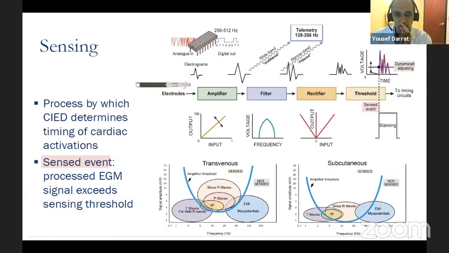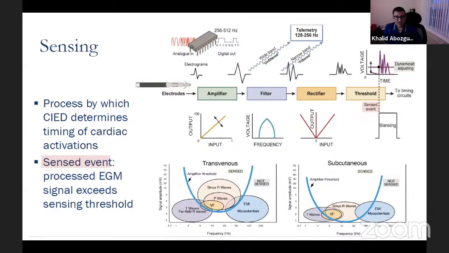Yusuf, I think the answer to that question is the number of leads. Obviously, if you have one single lead, the quality of your MRI images will be affected. If you have more than one lead, the image quality will be affected even more. But there are some centers with protocols where they can still get valid information from the MRI scan, not as good as in someone who doesn't have a pacemaker.